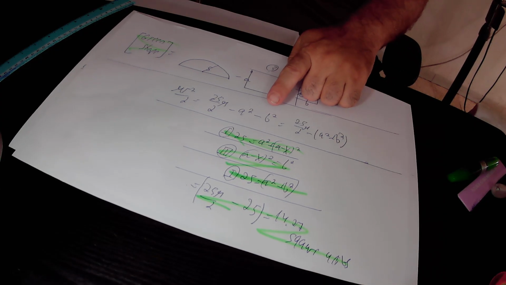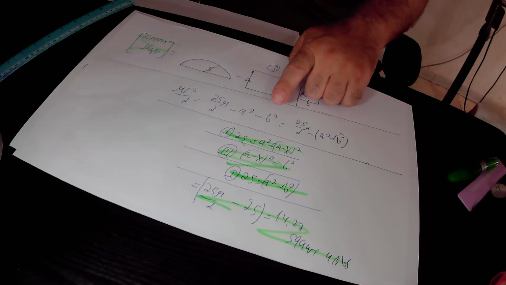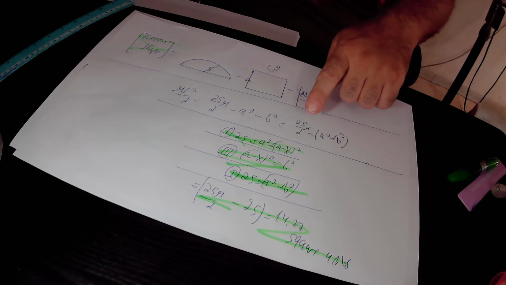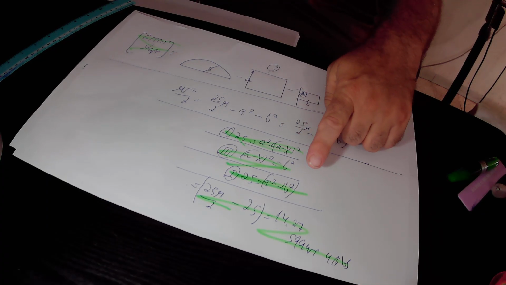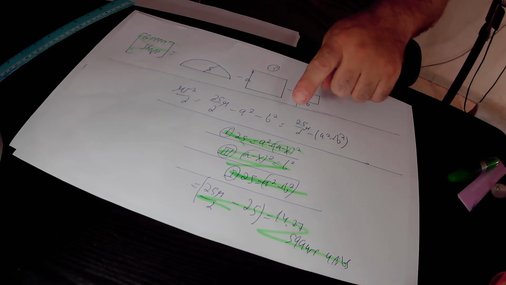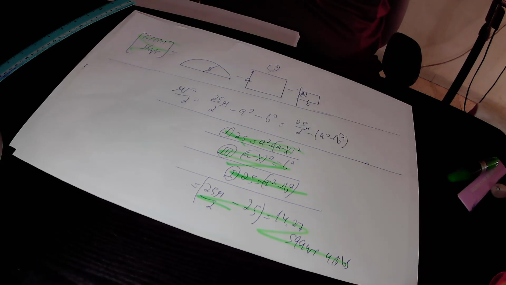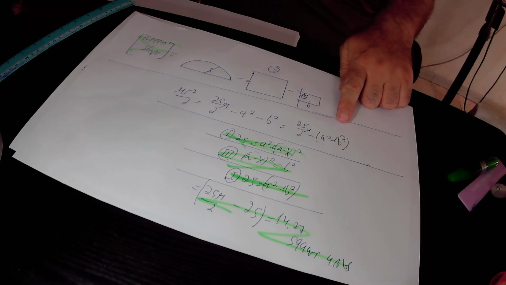We did it, and we found out that according to equation 1, 25 equals a squared plus b squared. So therefore, we can substitute a squared plus b squared by 25.